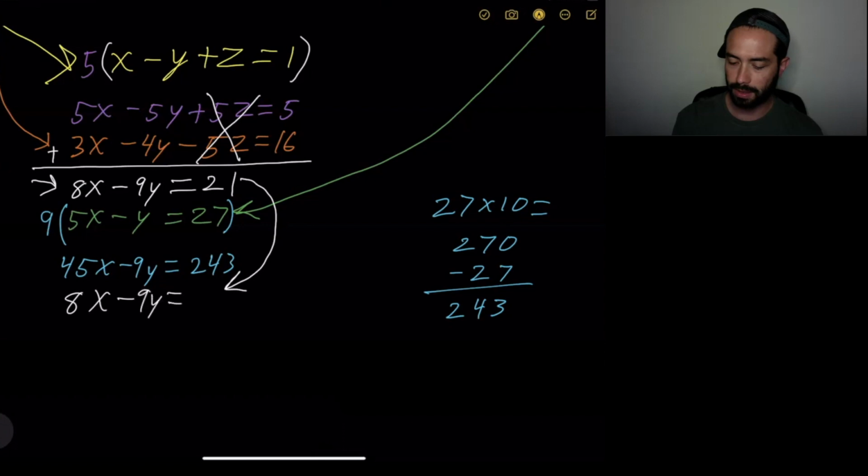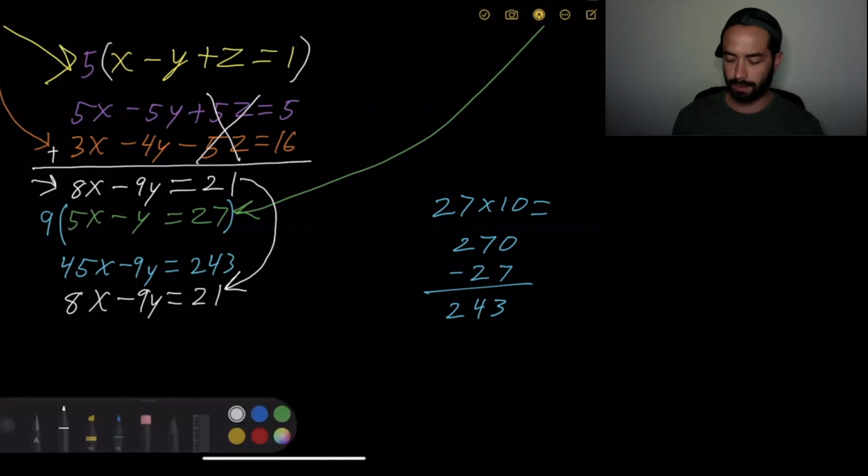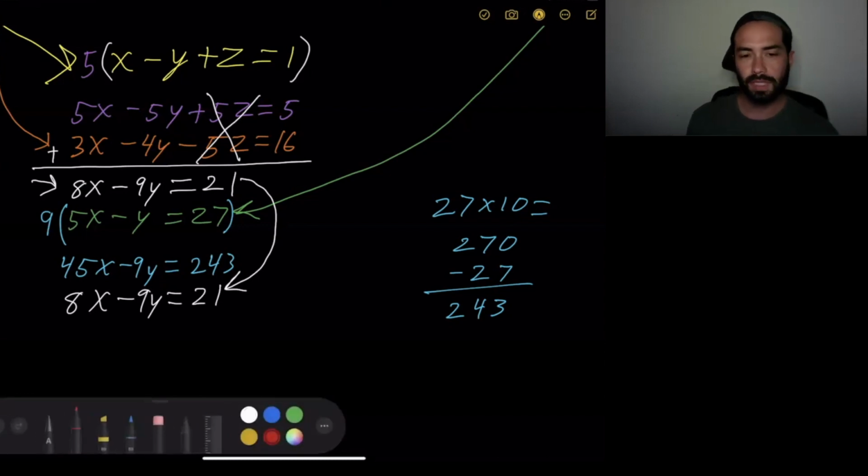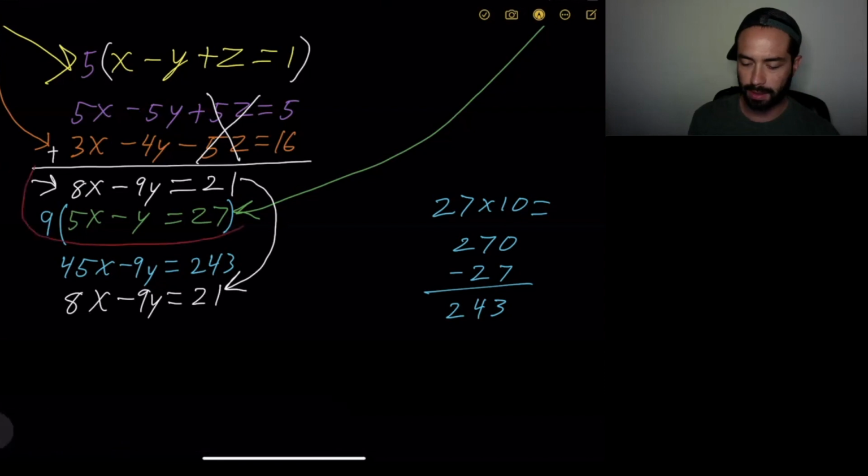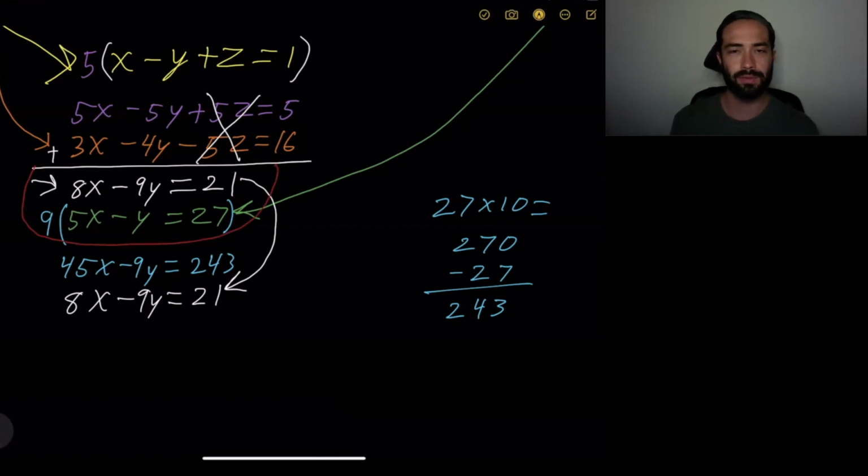Okay, so here's what we need to notice now. First of all, we are done with these up here, and we're now focused on what is written in the light blue, the 45x minus 9y equals 243, and what is written right underneath that in white, the 8x minus 9y equals 21. Okay, now, negative 9y and negative 9y, they're exactly the same.